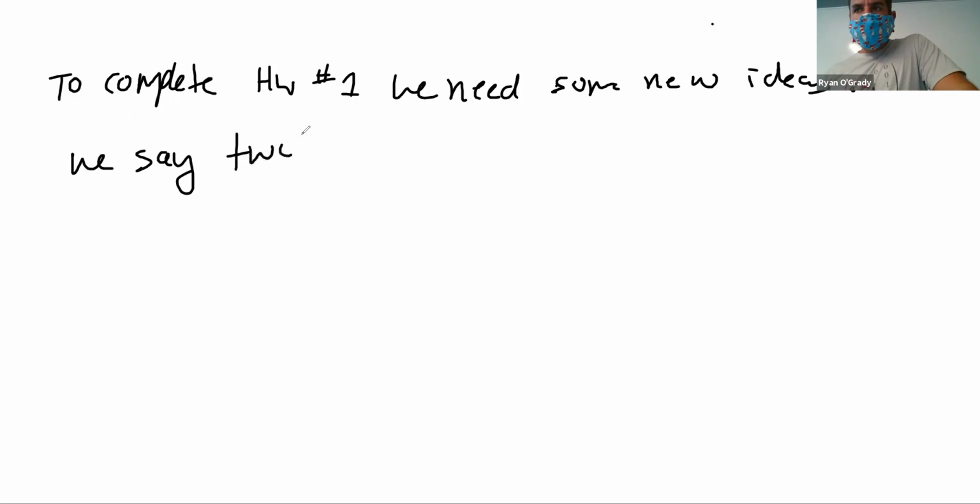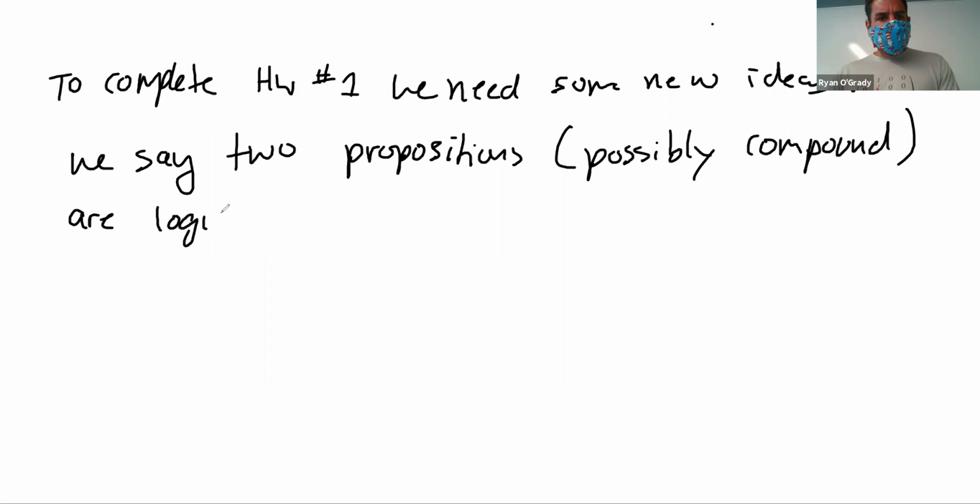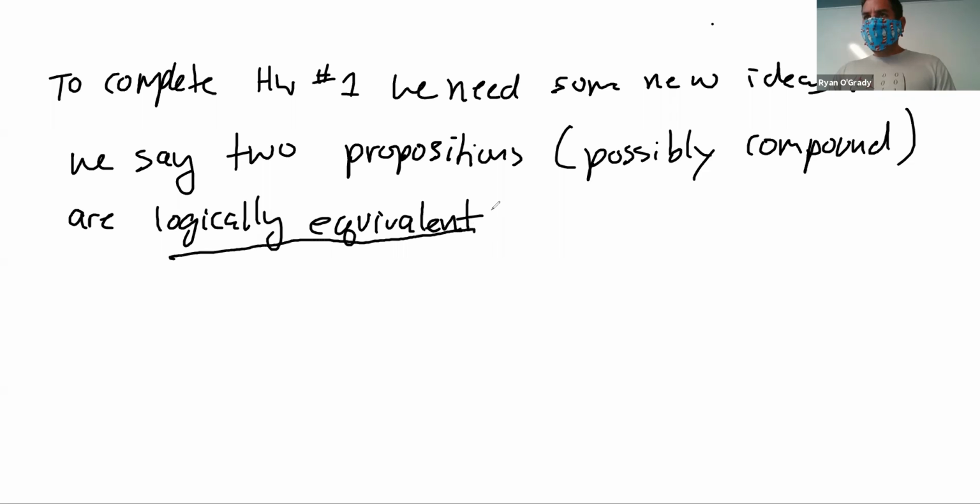We say two propositions, which are possibly compound, meaning they can be made up of many pieces like we talked about, are logically equivalent. When are they logically equivalent? When do they mean the same thing?